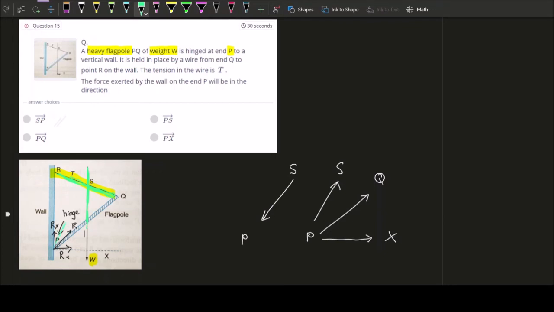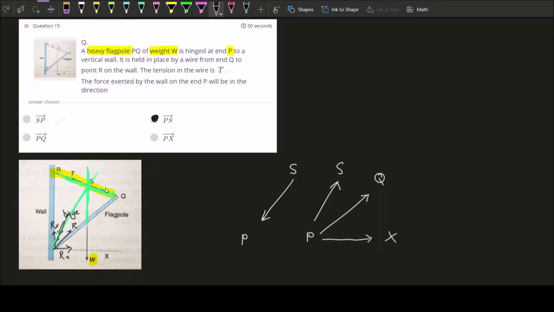That means all the forces acting on the rigid body, if you extend the line in both directions, will intersect at a common point. Okay, and this common point appears to be S over here. With that said, we can deduce our reaction force to be pointing from P to S. That's why our answer will be PS for question 15.